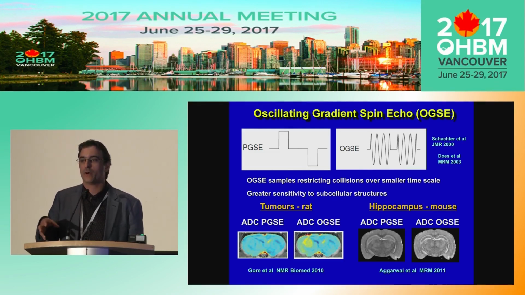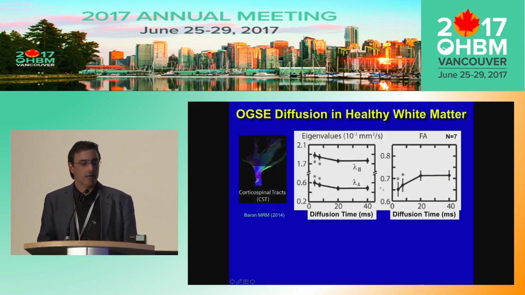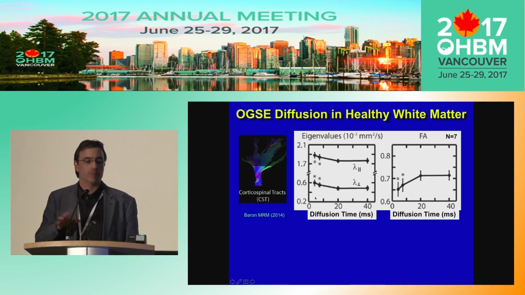There's no models involved here. We're just acquiring the data in a different fashion. What about human brain? Well, you can reduce the diffusion time, say, from 40 milliseconds, and we got it down to about 4 milliseconds. The only caveat there is that the b-value here is 300, very low, but you could still make the measurements even at a b of 300.